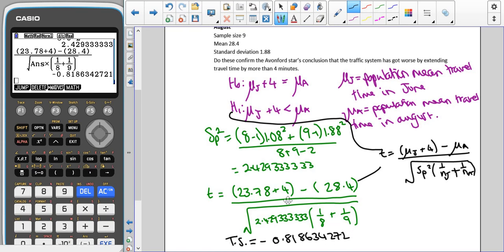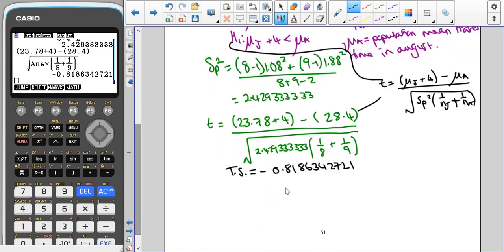You don't have to write the whole thing down. In order to do my comparison, I want to see the size of this. So the size of my test statistic is just going to be 0.819 to 3 significant figures.